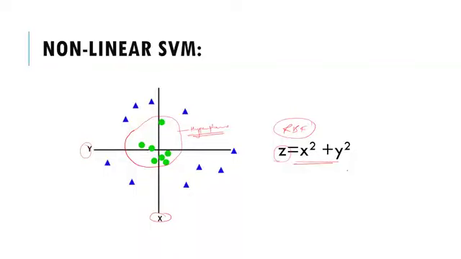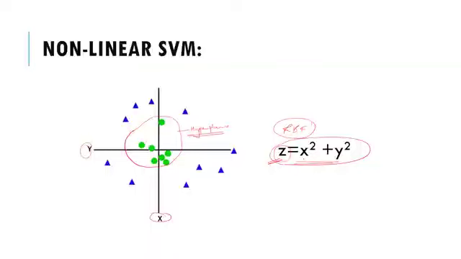If it is RBF, then this kind of transformation will be done. If it is polynomial, you might have seen in the earlier case, it will add the higher degree variables to the data, and that's how the data will become linearly separable.